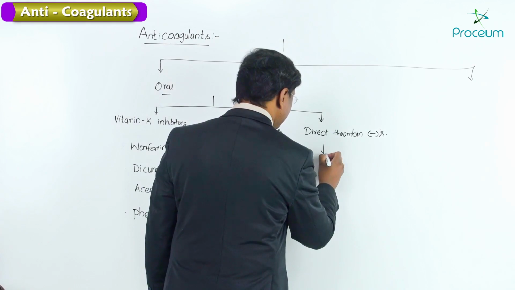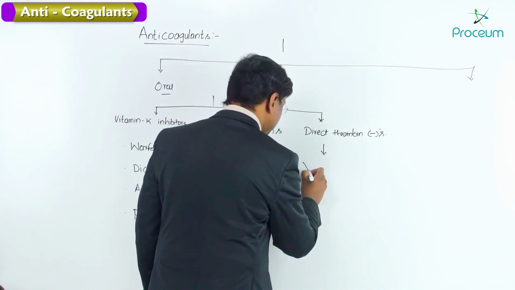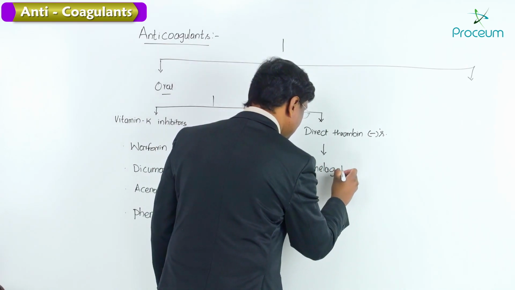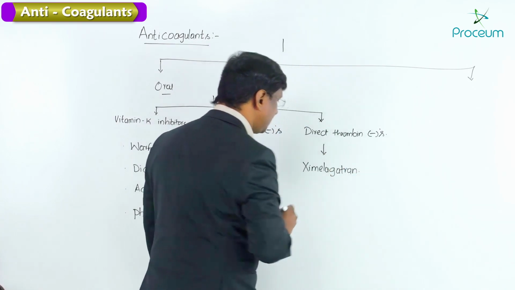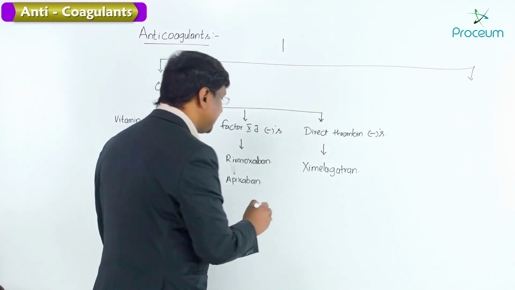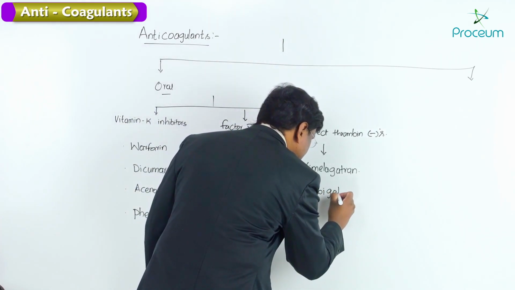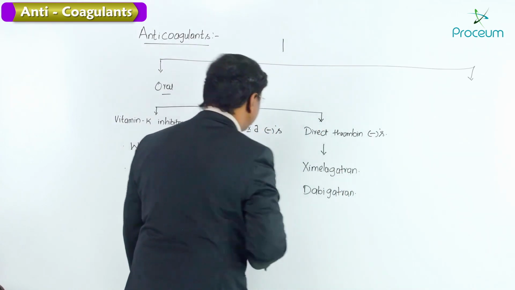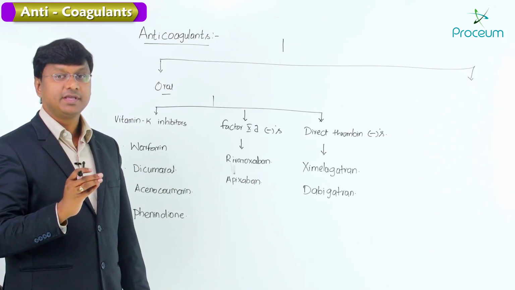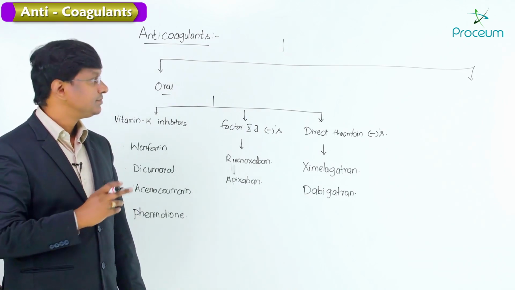These include ximelagatran, and the next important one is dabigatran etexilate. So these are the oral anticoagulants: vitamin K inhibitors, factor Xa inhibitors, then direct thrombin inhibitors.